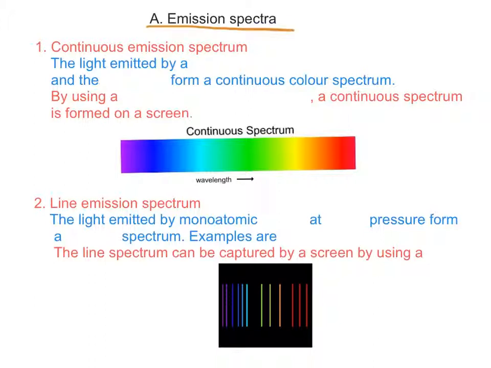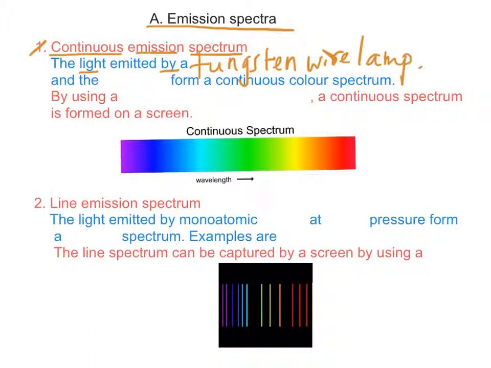Emission spectra. There are two kinds of emission spectra. The first is continuous emission spectrum. The light emitted by a tungsten wire lamp and the sun forms a continuous color spectrum.